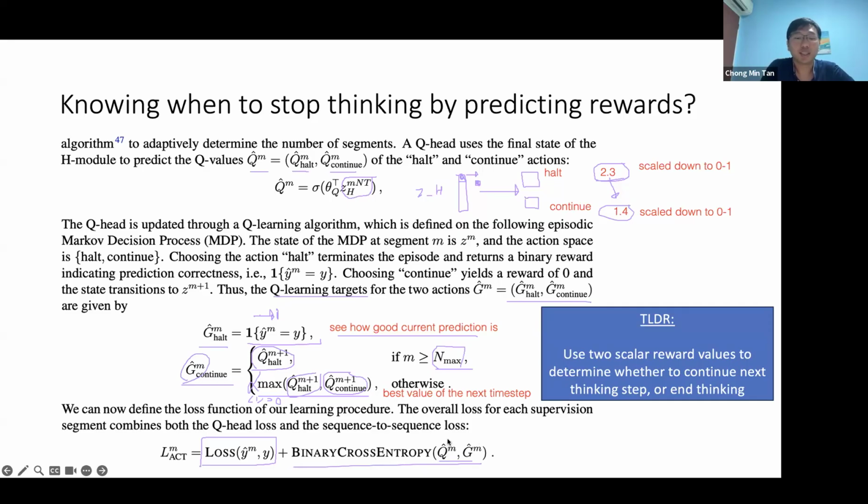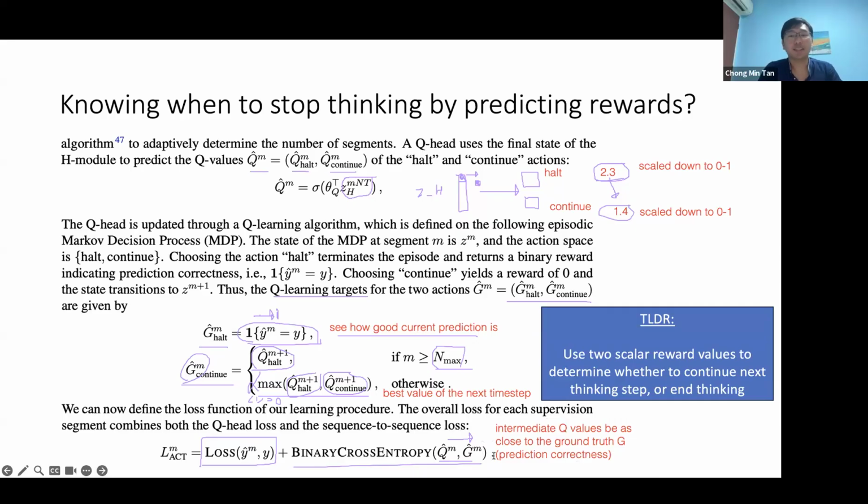So they basically try to make my Q as close to G as possible. And G eventually leads to your prediction correctness. So I'm trying to make my intermediate Q values be as close to the ground truth G, which in this case is the prediction correctness. Yeah, so this is essentially what they're doing.